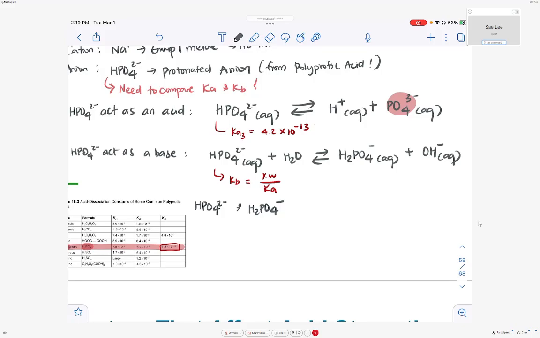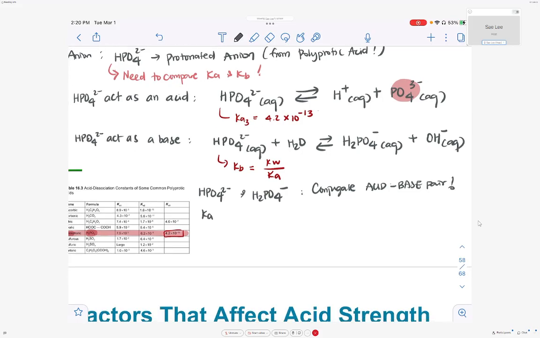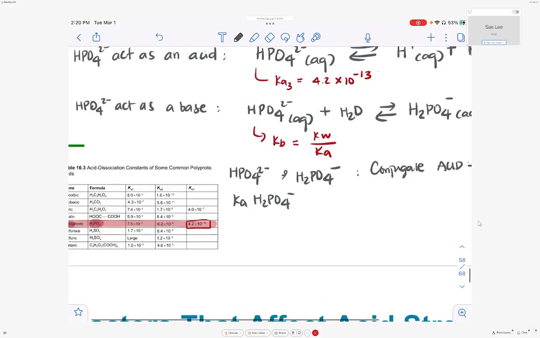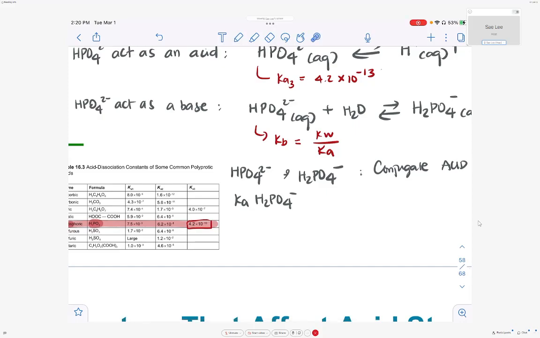Okay, so let's find the Ka. These are a conjugate acid-base pair. Okay, so Ka of this acid is going to be losing the second proton from phosphoric acid, which is Ka2.